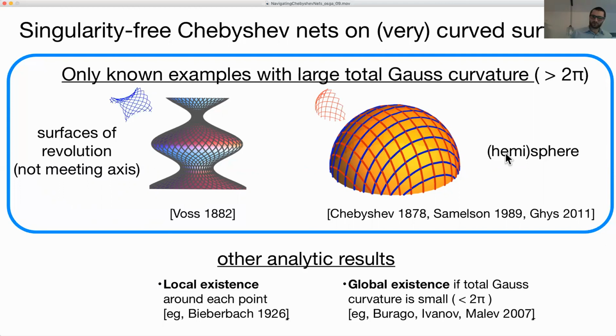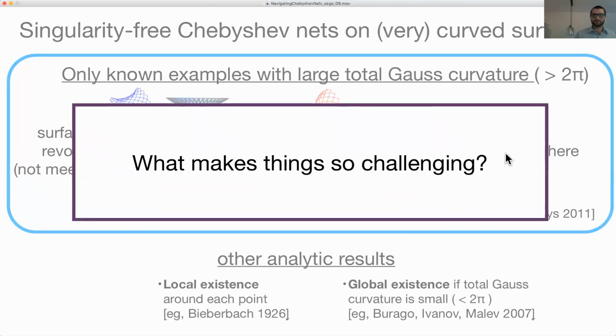And so the question is, okay, what's actually going on here? Why is this problem so hard? And is it possible to find more interesting shapes that have more Gaussian curvature? This is the next piece that I want to talk about.